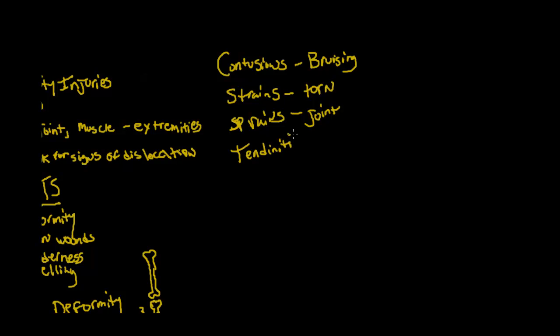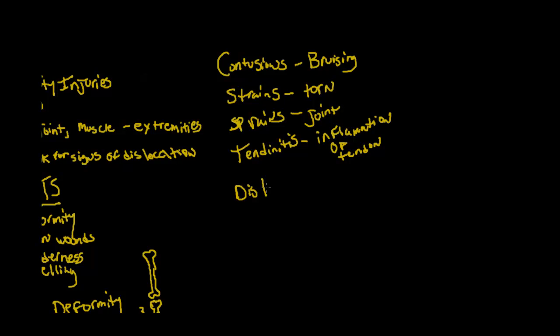We have tendinitis, which we didn't talk about last time, which is just inflammation of the tendon, just like it sounds. Inflammation of tendon. This is more of an overuse injury, and it typically won't get better unless you let the joint rest.